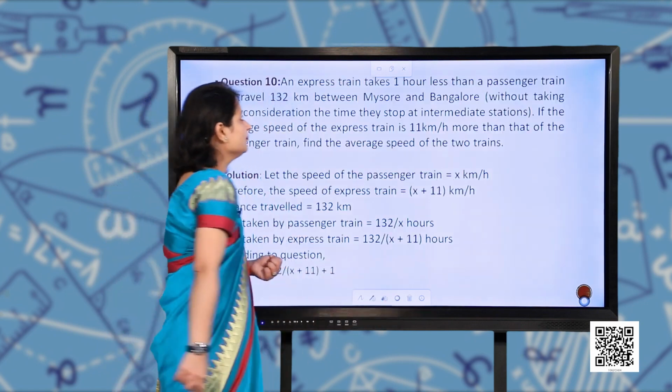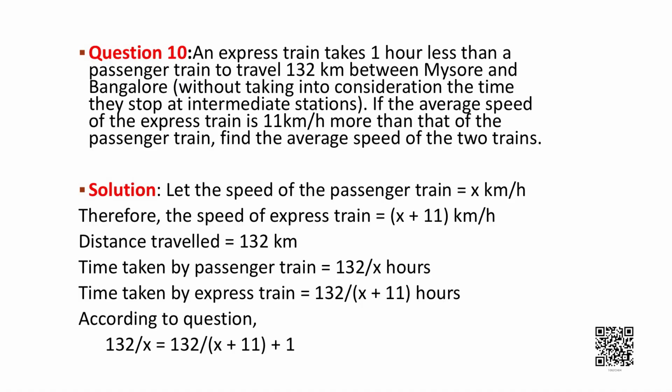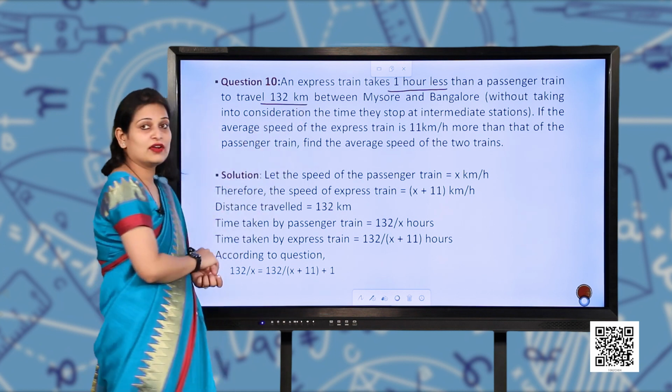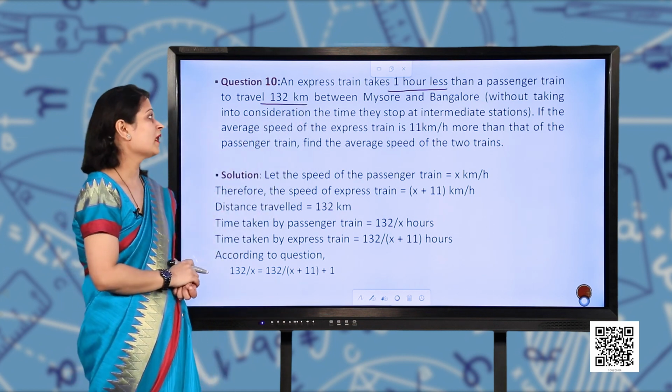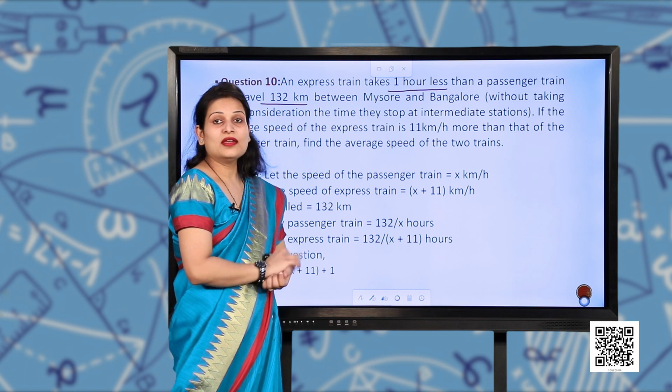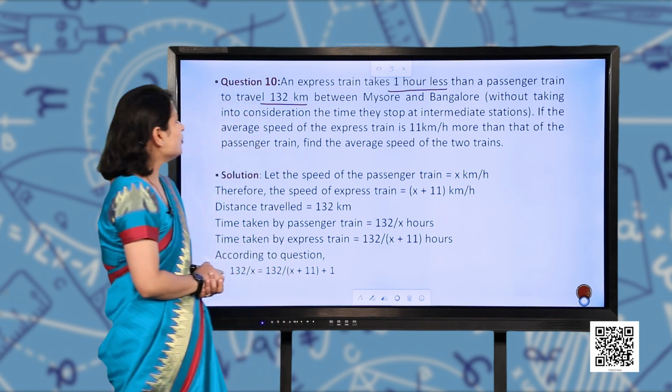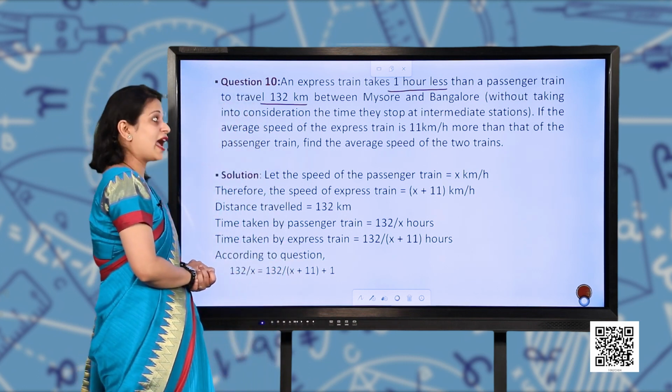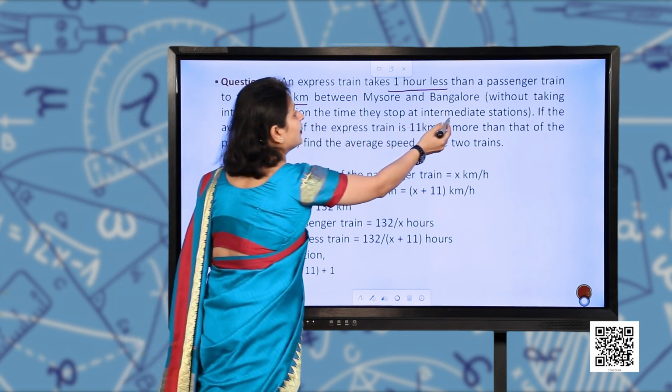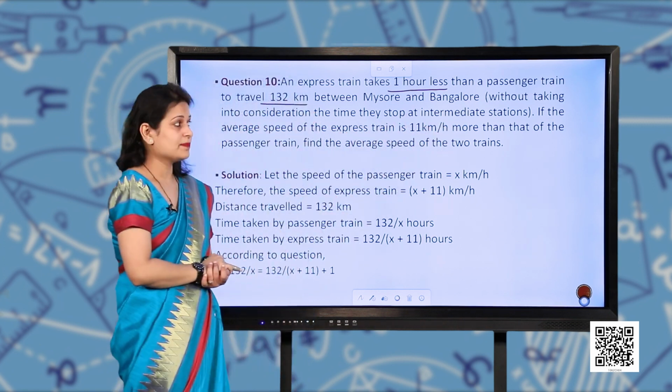Now, next question, question number 10. An express train takes 1 hour less than a passenger train to travel 132 kilometers between Mysore and Bangalore, without taking into consideration the time they stop at intermediate stations.